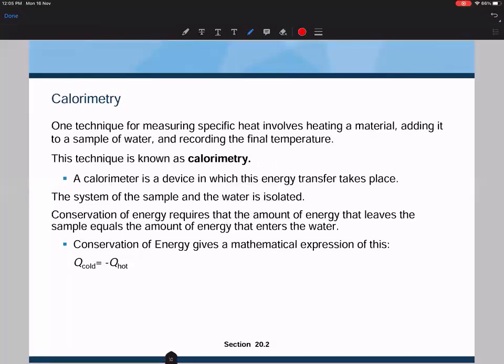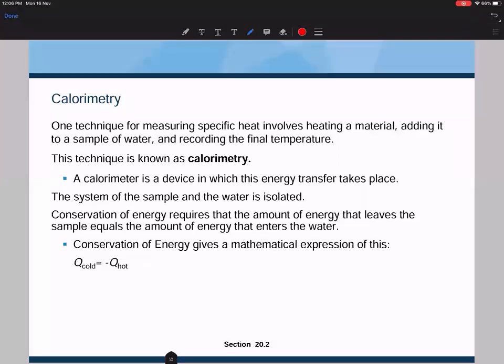And a very important consideration for the heat energy transfer between the system and the surrounding is calorimetry. And this is a technique used for measuring the specific heat of certain materials. The idea is like this.